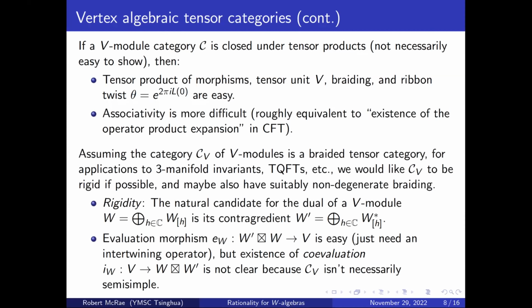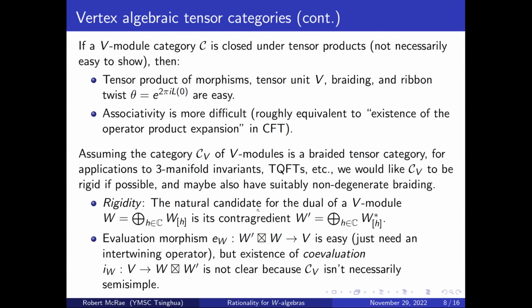So if we assume that a category of modules for a VOA has the structure of a braided tensor category, well, maybe we would like it to be a modular tensor category so we can get things like 3-manifold invariants and TQFTs and so on. Well, we need further properties, in particular this rigidity and non-degeneracy for the braiding. So let me first say what rigidity means in a little more detail.